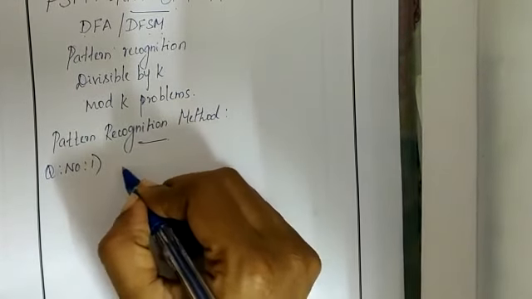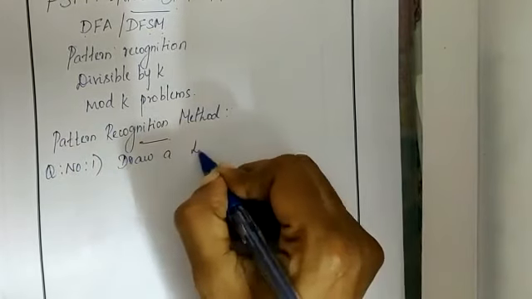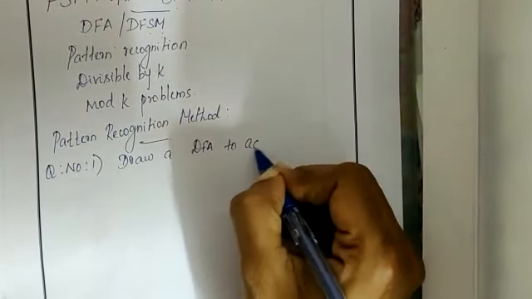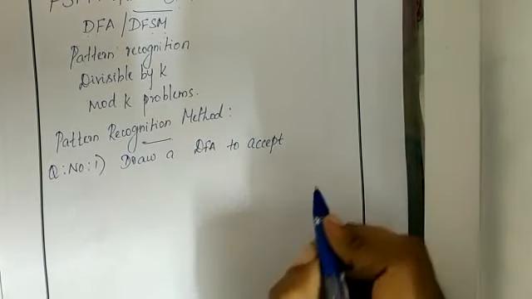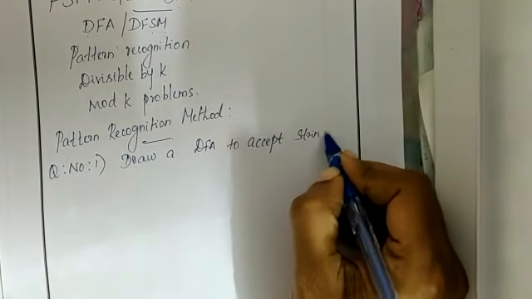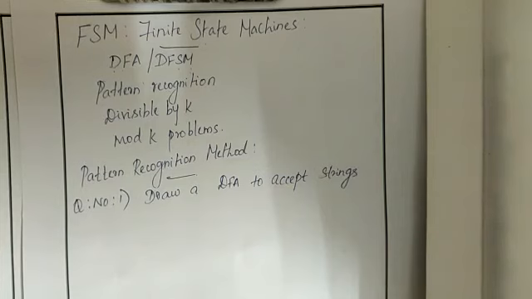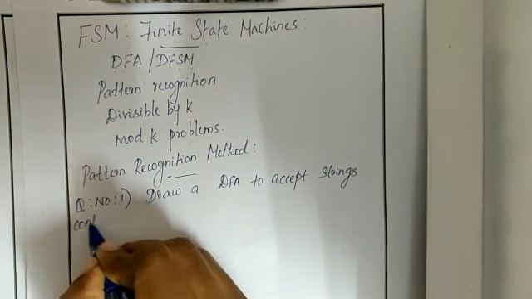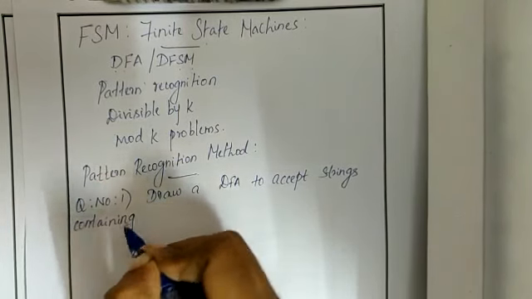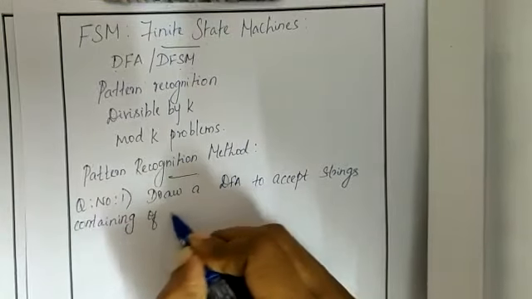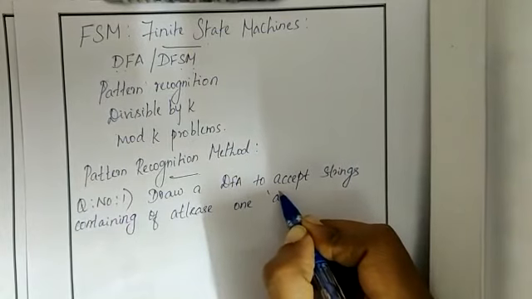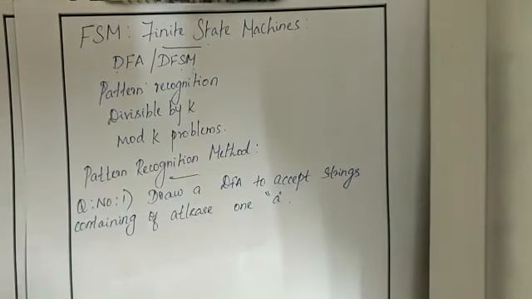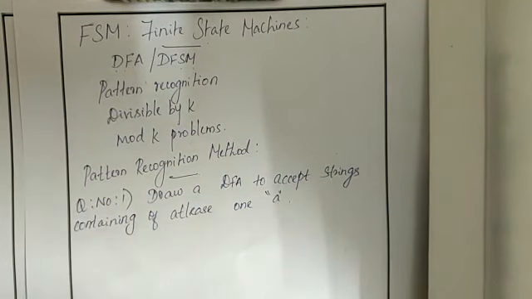Your question will be, draw a DFA to accept strings containing at least 1A. Okay, so you'll be having questions like this.